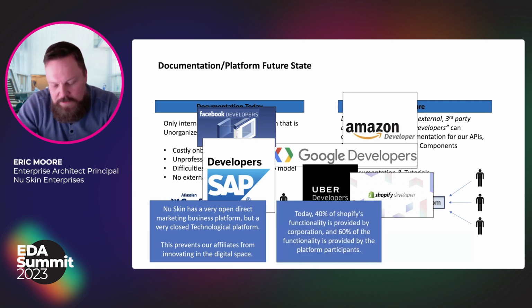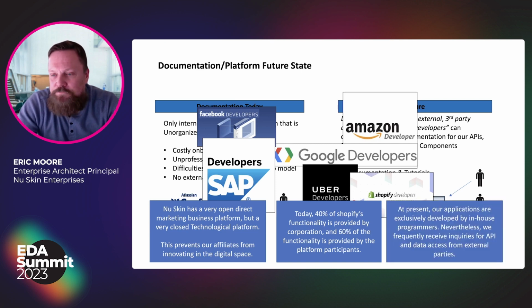As an example of something that goes the other way, if you compare us to some company like Shopify, about 60% of their functionality is provided by the people participating in their platform. And that's where we want to be, is in the platform business. And so right now, all of our applications are pretty much developed by in-house programmers.